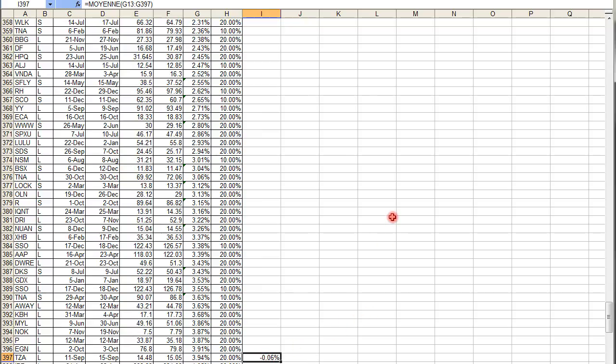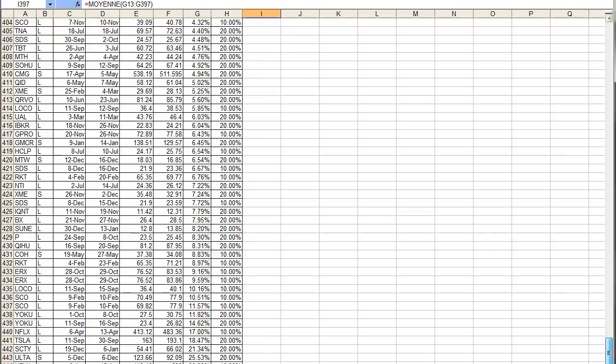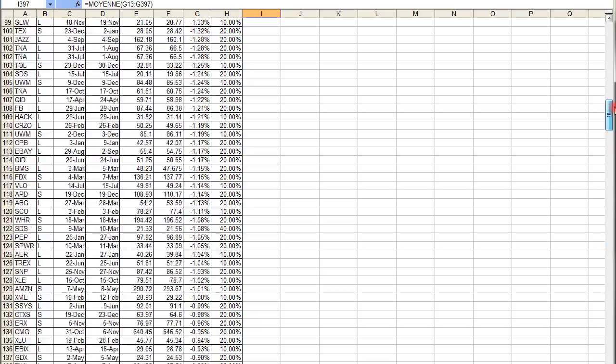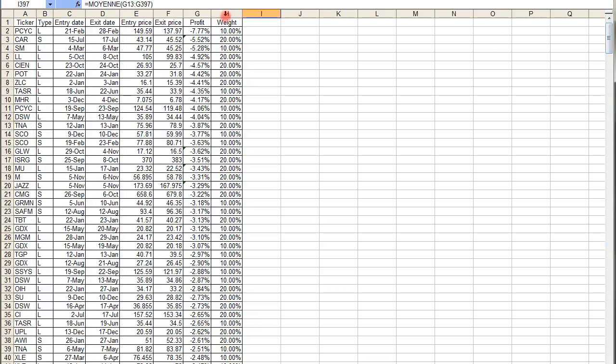So this means that the majority of the trades finish basically neutral, slightly up, slightly down. But when I have a good trade, and 10% of the trades are very good trades, then the results are very good.